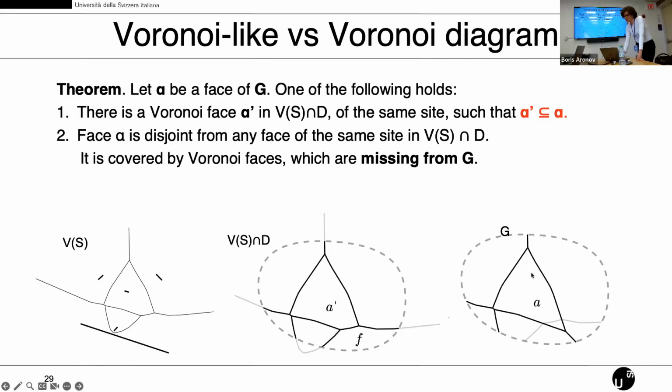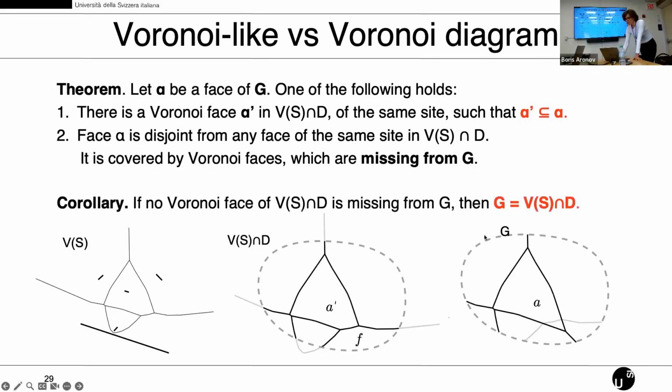Either there is a Voronoi face A prime in the real Voronoi diagram of the same site, which is contained in A. This is what happens here: A prime is a subset of A. Or this face A is disjoint from any face of the same site in the diagram, and it is covered by Voronoi faces which are completely missing from this graph. I'll show an example of this because it wouldn't be very clear.